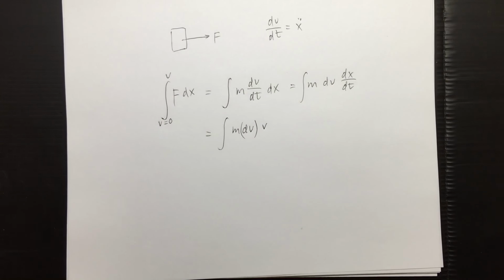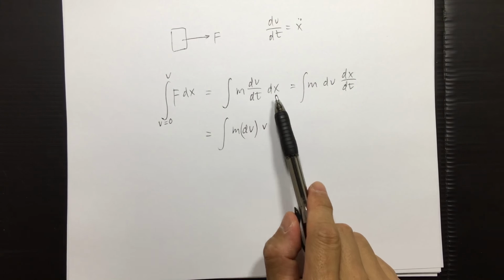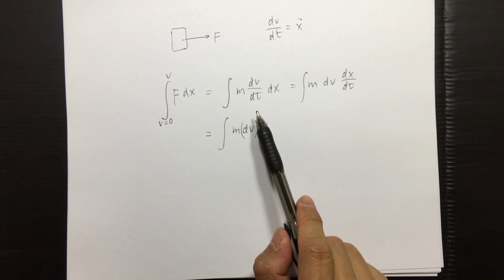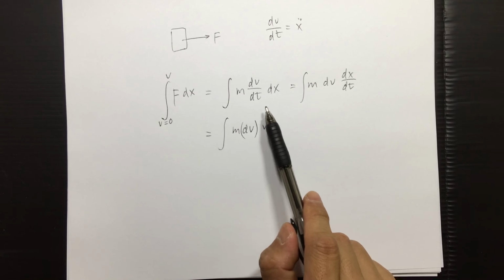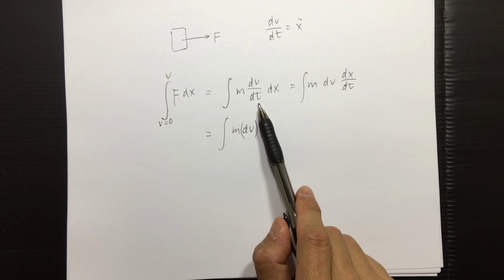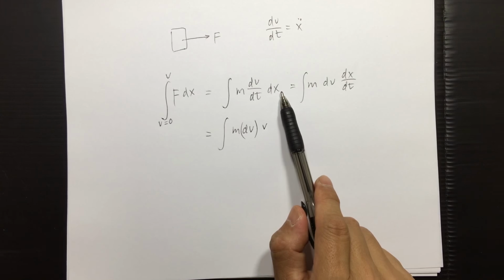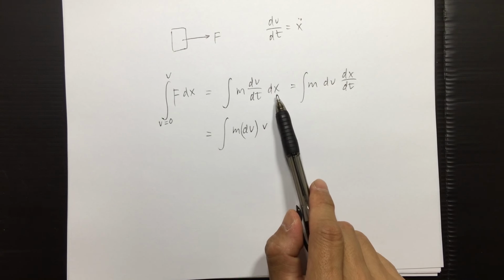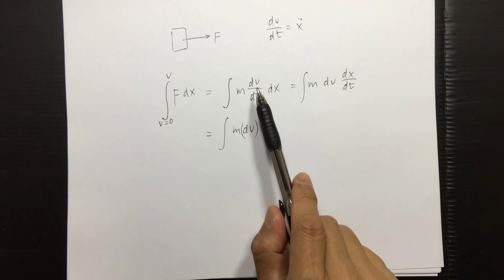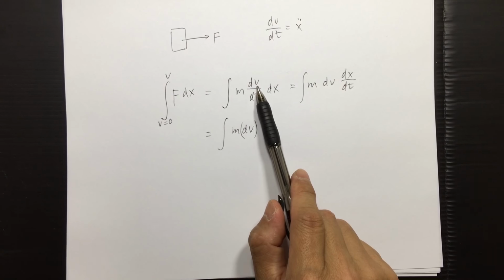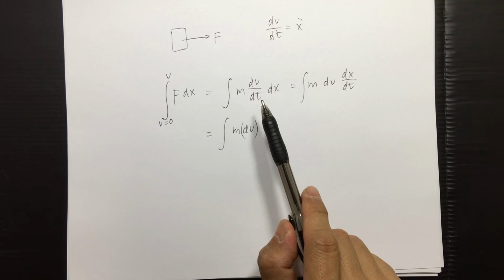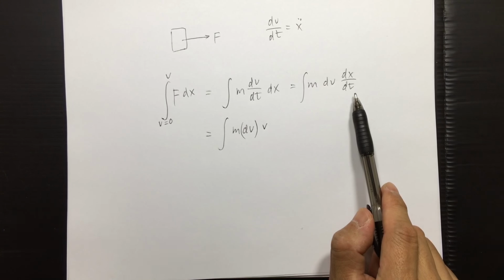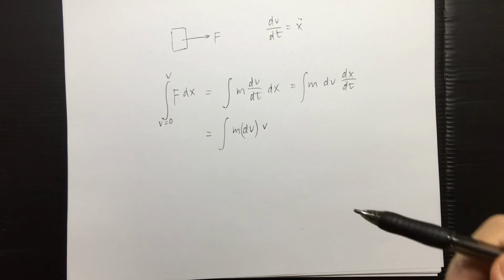Now all of these x's and v's and dt's, you can freely move around, because they are all moving according to dt. This dx is how much x changes when t changes that much. This dv is how much v changes when t changes that much. They are all linked together, so it's all the same thing anyway. So you can do this.